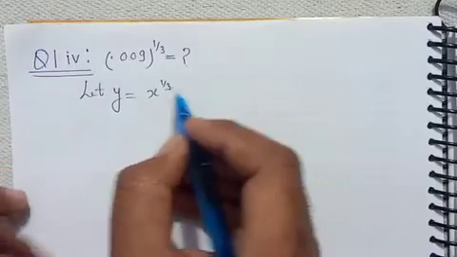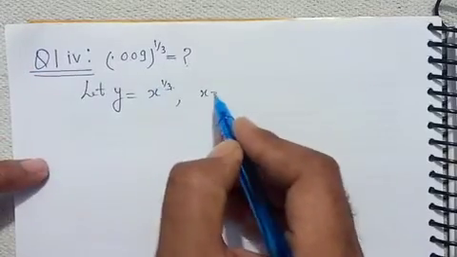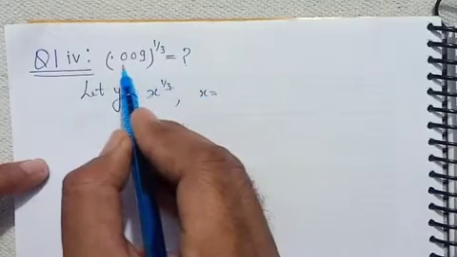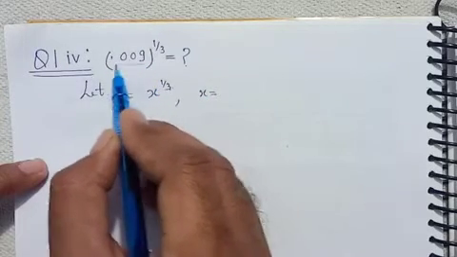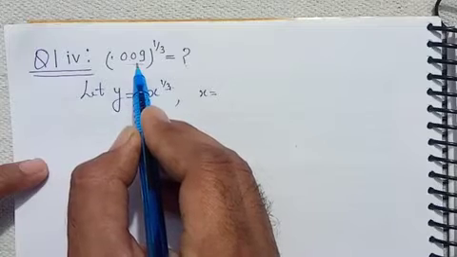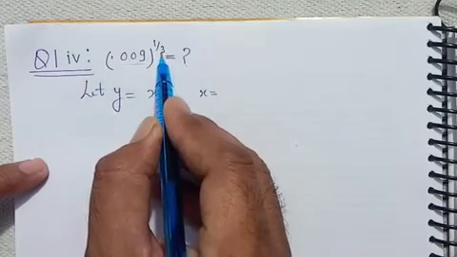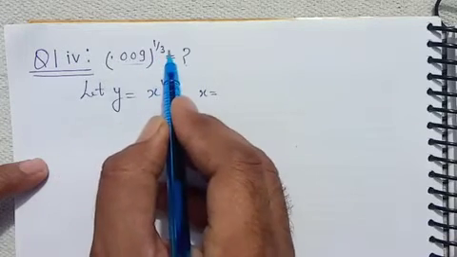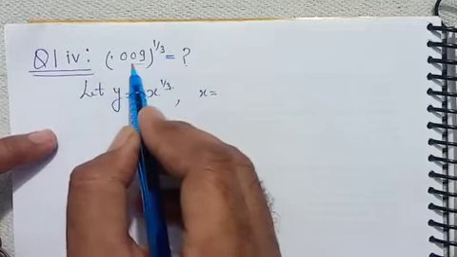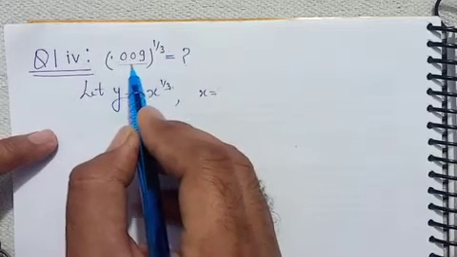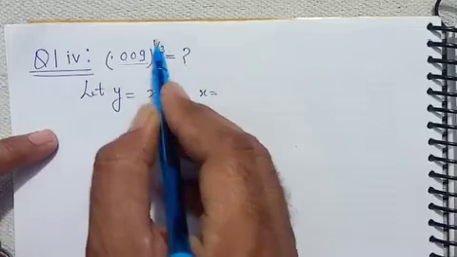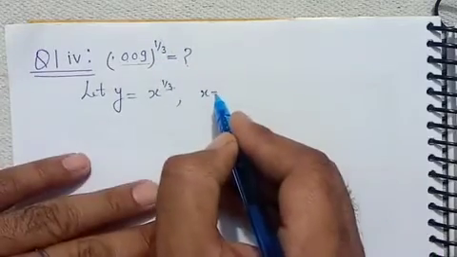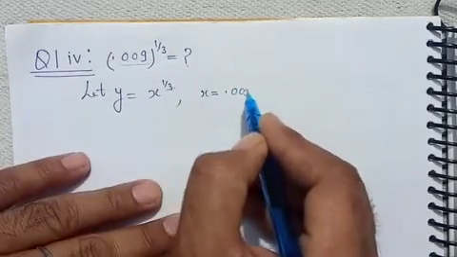It means assume a number which is very close to 0.009, and for which you can calculate functional value very easily. In this case, assume a number which is very close to 0.009 and you can calculate its cube root very easily. What can it be? It is 0.008.